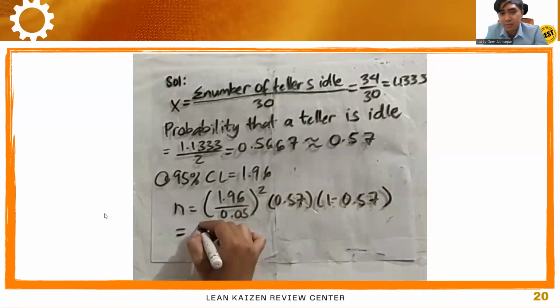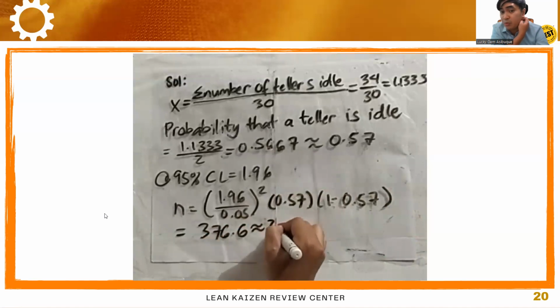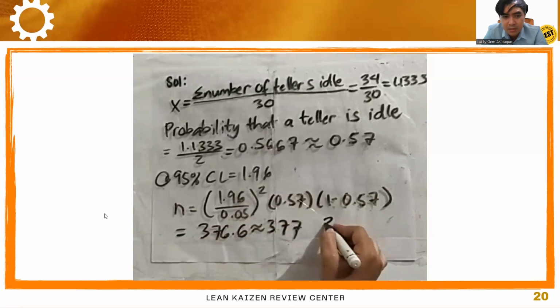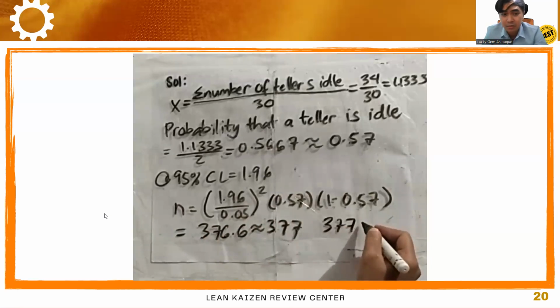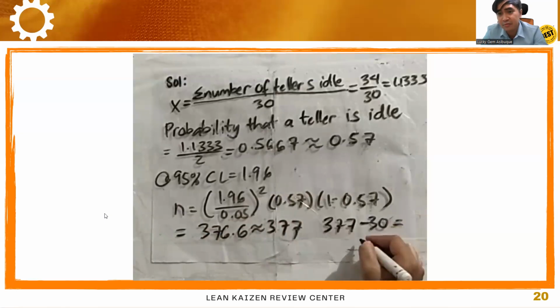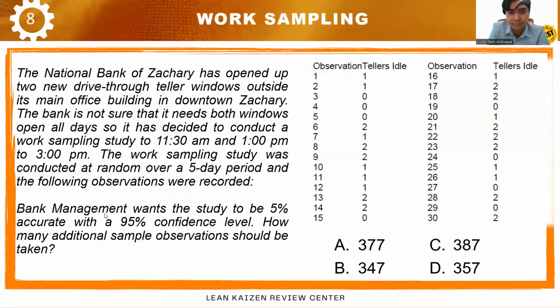Then the Q, we just deduct the value of P from 1. So it is equal to 376.6, round up, so 377. We just subtract 30 from 377, so we have 347. Okay, so let's check if it is the correct answer. 347, letter B, so correct. So our solution is correct.